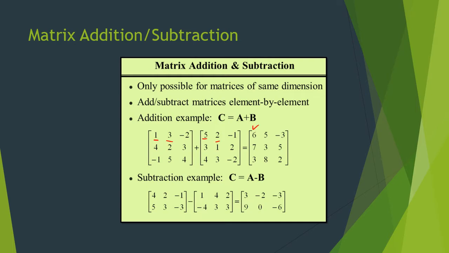What's 3 plus 2? 5. What's -2 plus -1? -3. Subtraction works the same. What's 4 minus 1? 3. What's 2 minus 4? -2. What's -1 minus 2? -3. And you just keep going, element by element. That is how it's computed.